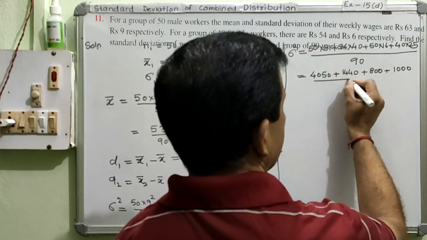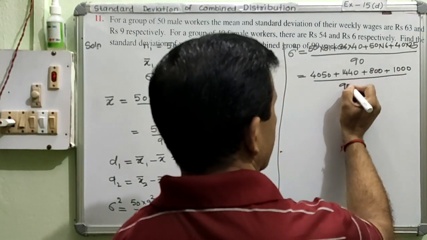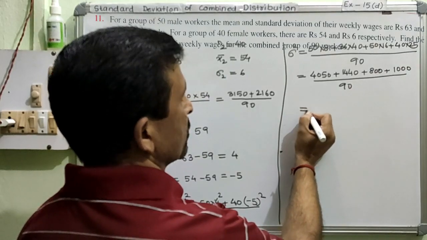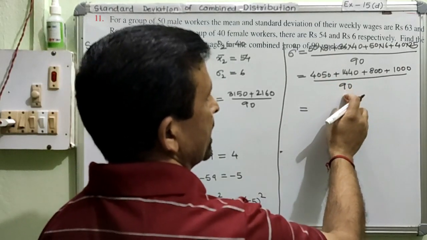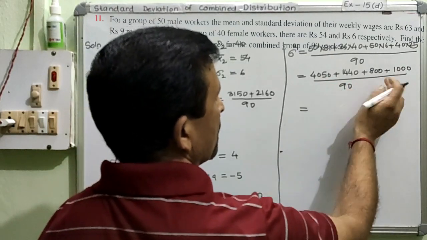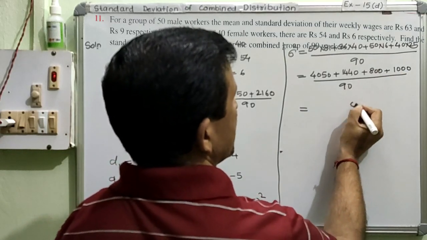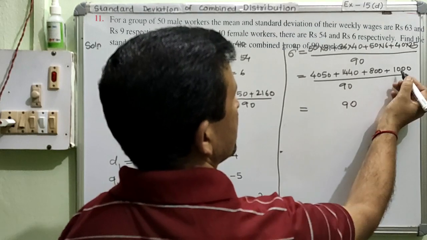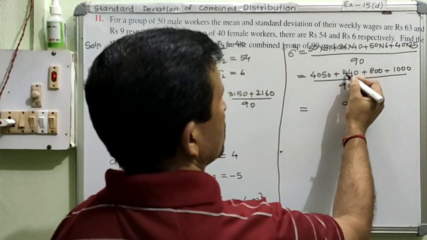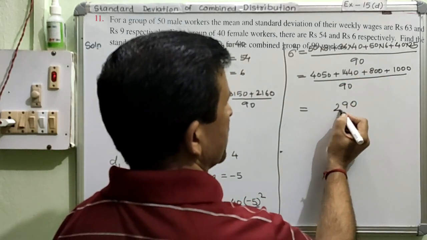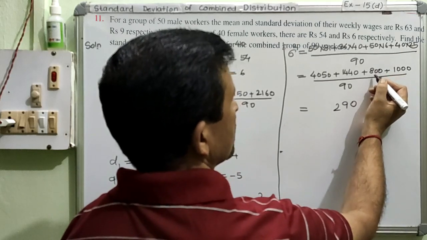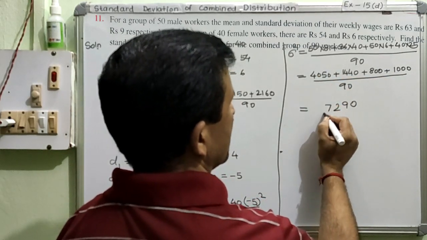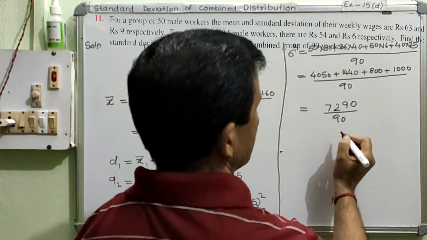1000 divided by 90 is equal to, now calculate and then divided by 90.